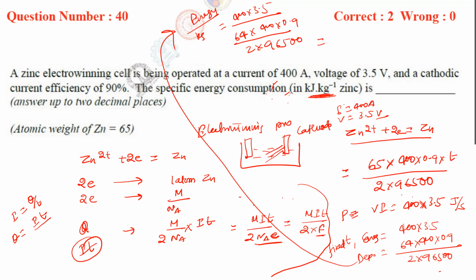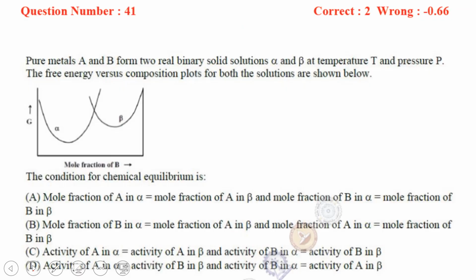So this will be 11547 kilojoule per kg of zinc, right? So this is the way to calculate. Here the time is not given, so we will consider some fixed amount of time for which this mass is getting deposited, and the energy is also the energy consumed for that fixed time only. Okay, now let us move to next question.